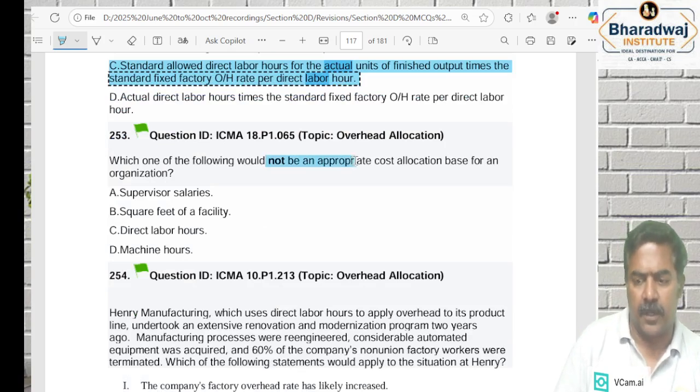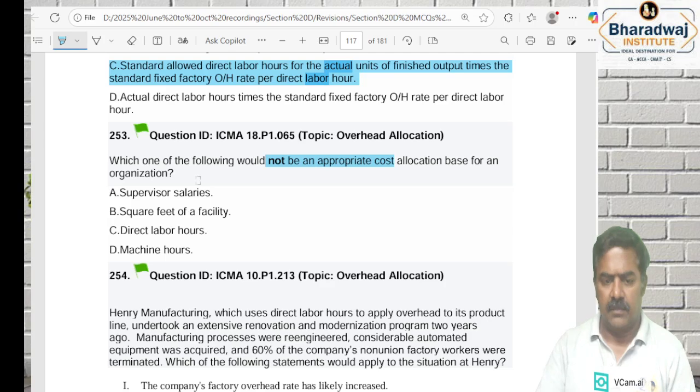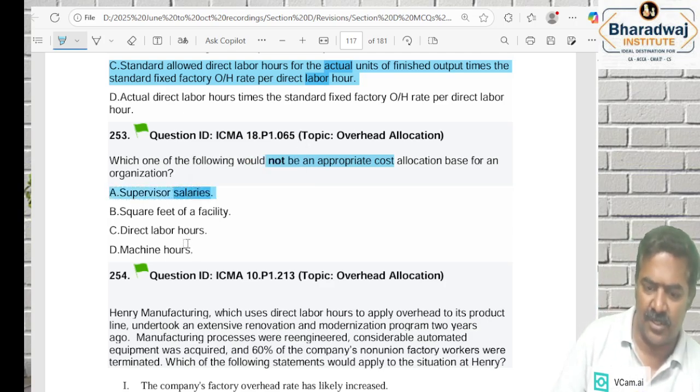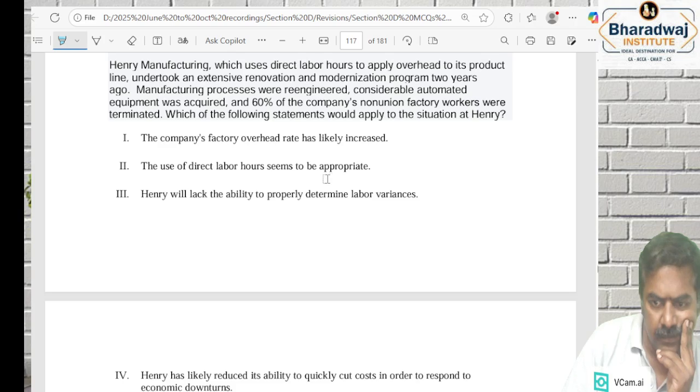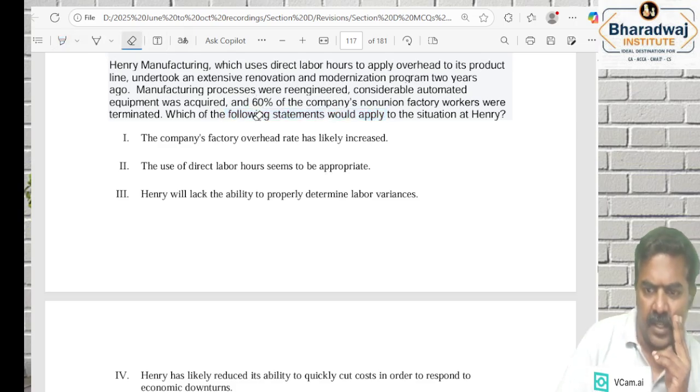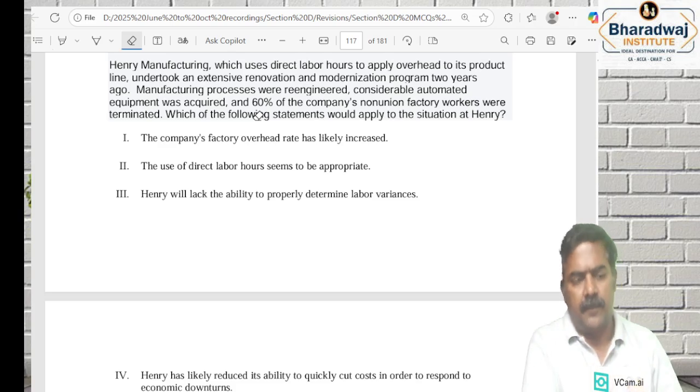Which one is not the appropriate cost allocation base for an organization? Supervisor salary. There is no such cost allocation. First read the situation, then let us see.